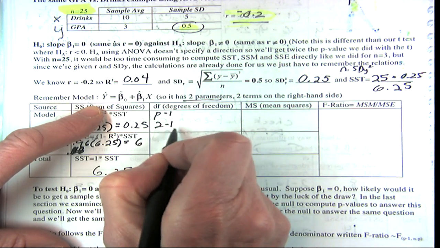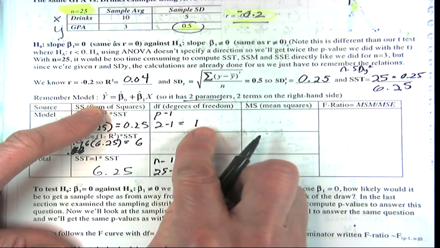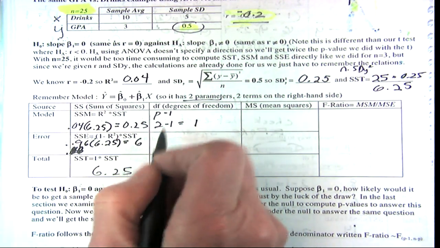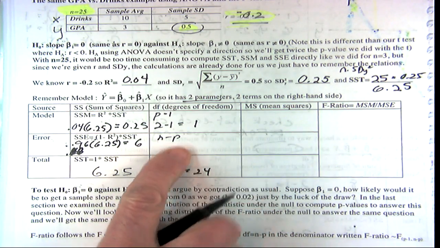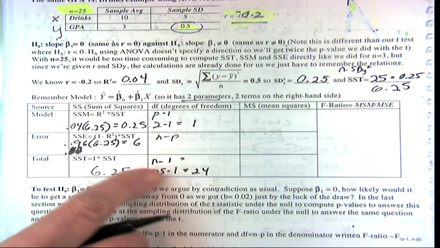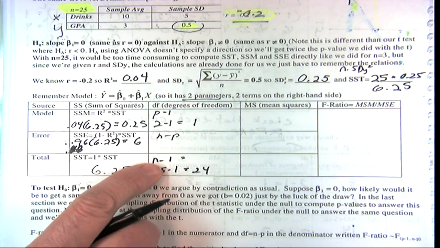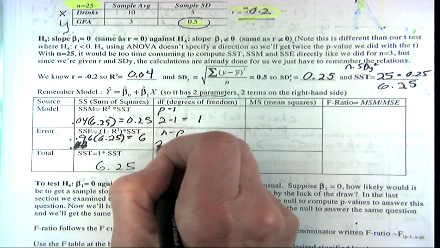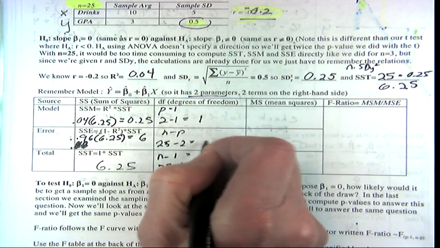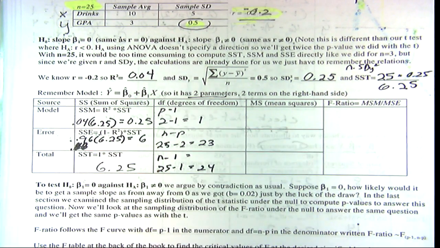That's 2 minus 1, which is equal to 1 degree of freedom for the model, and n minus p for the errors. P minus 1 and n minus p add up to n minus 1. So this is just 25 minus 2, and that's 23, and they add up.